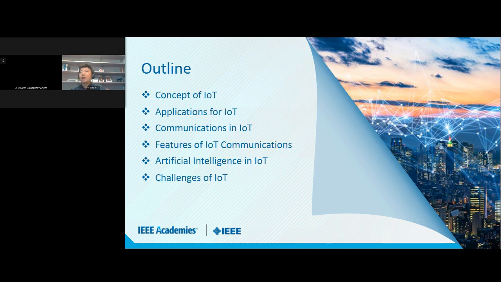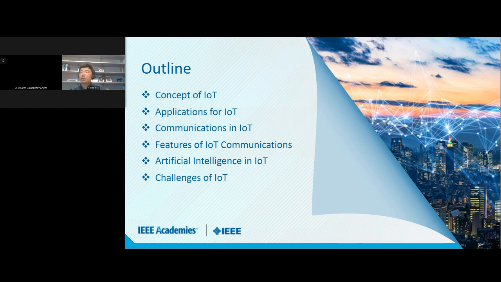So this is the outline of my talk. First of all, I will provide the concept of the Internet of Things, explaining what is an IoT system and IoT devices. Then I will give you some applications for the IoT to explain how the IoT facilitates our daily lives.